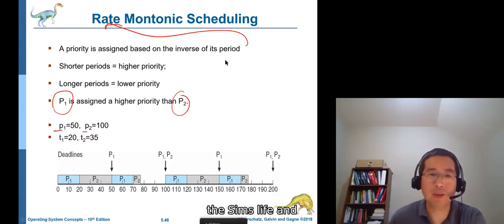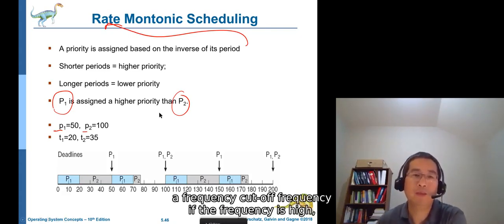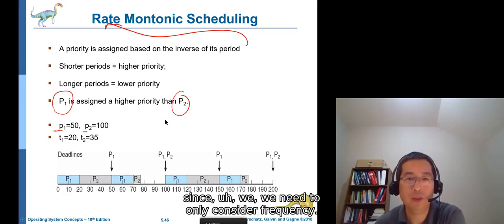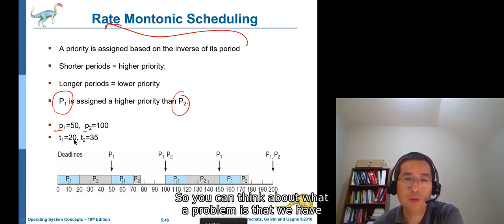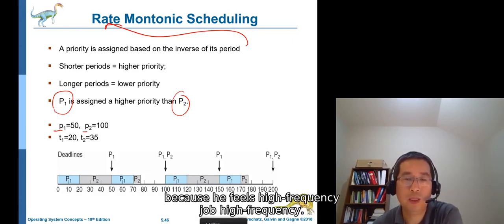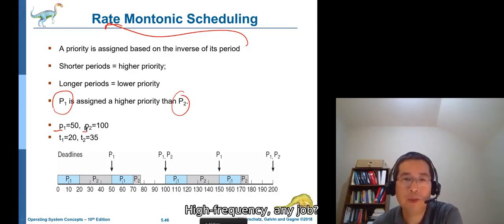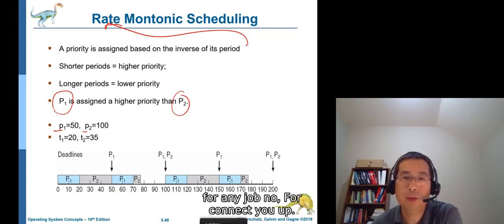So the priority is only based on the frequency. If the frequency is high, we schedule it first. We only consider frequency, so we didn't consider its running time. You can think about what problem it will have. If a high frequency job runs for a long time, then the low frequency job needs to wait.